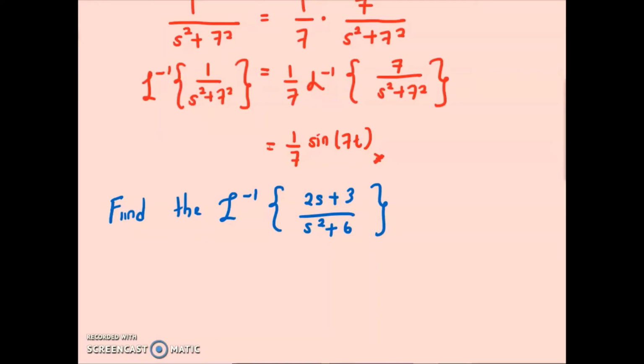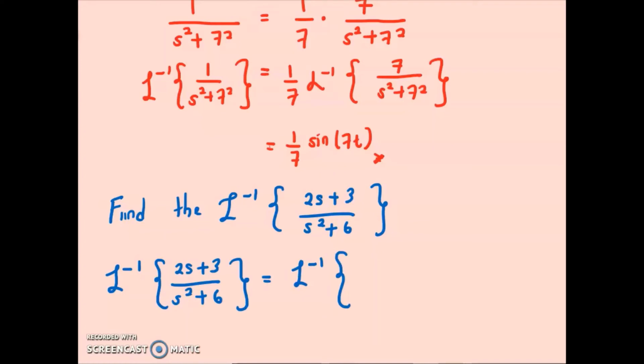So let's write it like this. The inverse Laplace transform of 2s plus 3 over s squared plus 6 can be written as the inverse Laplace of 2s over s squared plus 6 plus 3 over s squared plus 6.